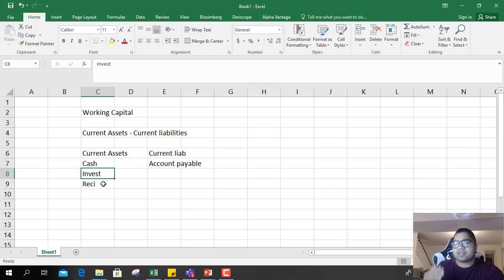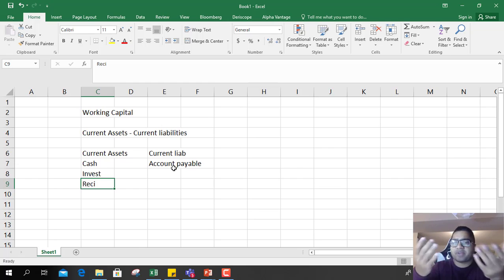What are receivables? Receivables are the amount of money that is due from your customers. It's a toy company, so it may be selling toys on credit. So the amount that it has to receive from its customers is receivables. Then what is account payable? Account payable is the amount that is due to your suppliers.